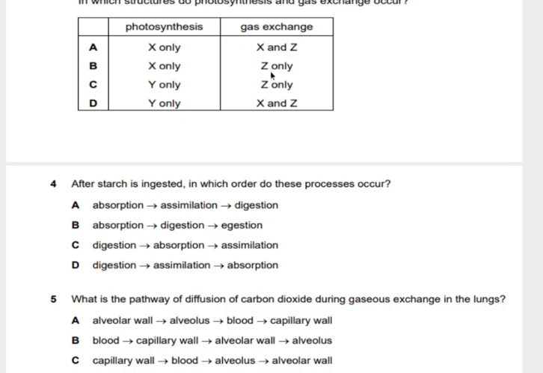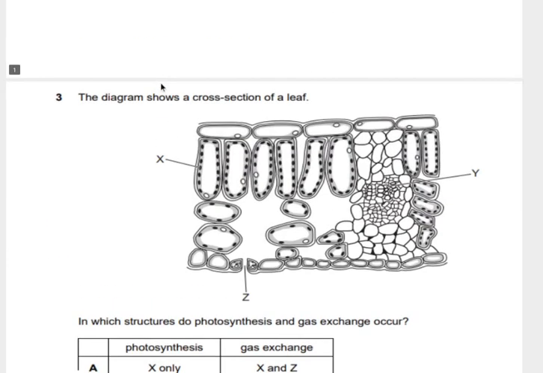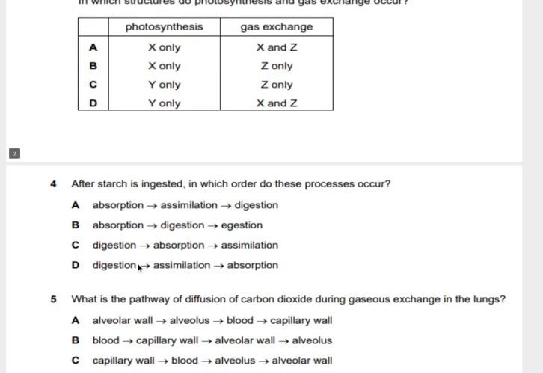The gaseous exchange is just Z. As you can see here, Z is representing the stomata pore where the gaseous exchange takes place, and between the stomata pore is where you're going to find the guard cells. So meaning to say the answer here is going to be B. So that is our answer. Then question 4 is saying after starch is ingested.